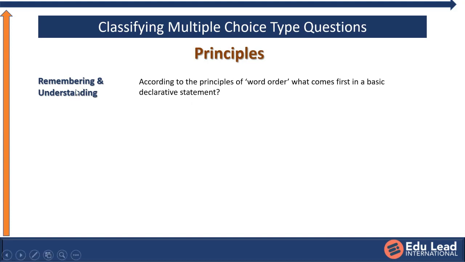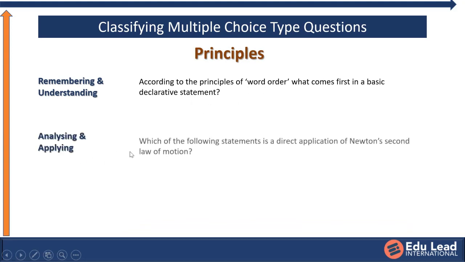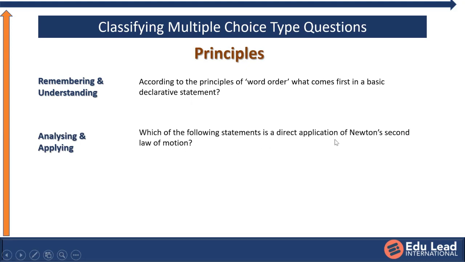So this is basically an understanding-based question, and it is based on the principle of word order. Now, an analyzing and applying question: which of the following statements is a direct application of Newton's second law of motion? Here you'll find that there are options, and when the child is choosing which is a direct application, that is an analysis-based question, but it is based on the principles.